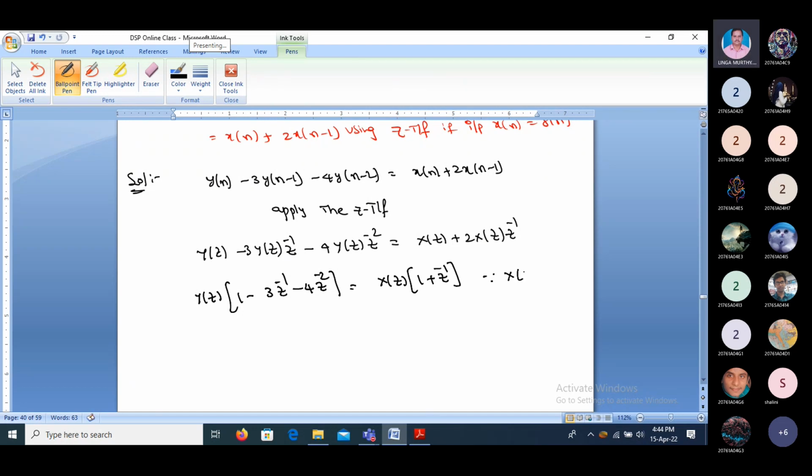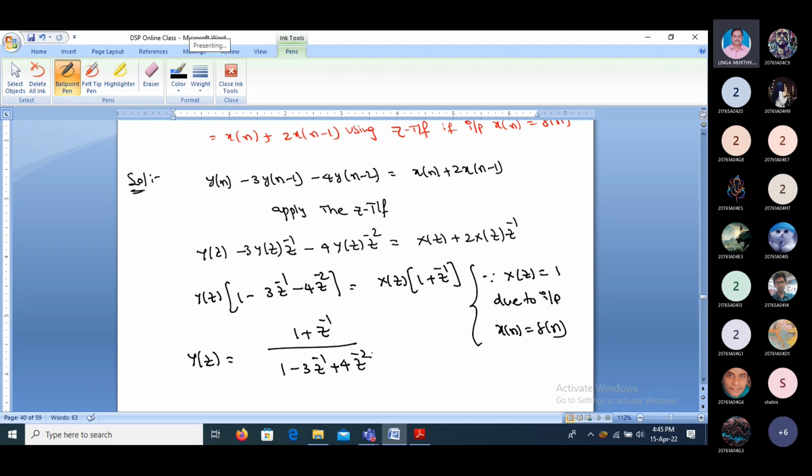Here X of z is equal to 1. Why? Because what is the input here? x of n is equal to delta of n. So from this, Y of z is equal to 1 plus 2 z inverse divided by 1 minus 3 z inverse minus 4 z power minus 2.